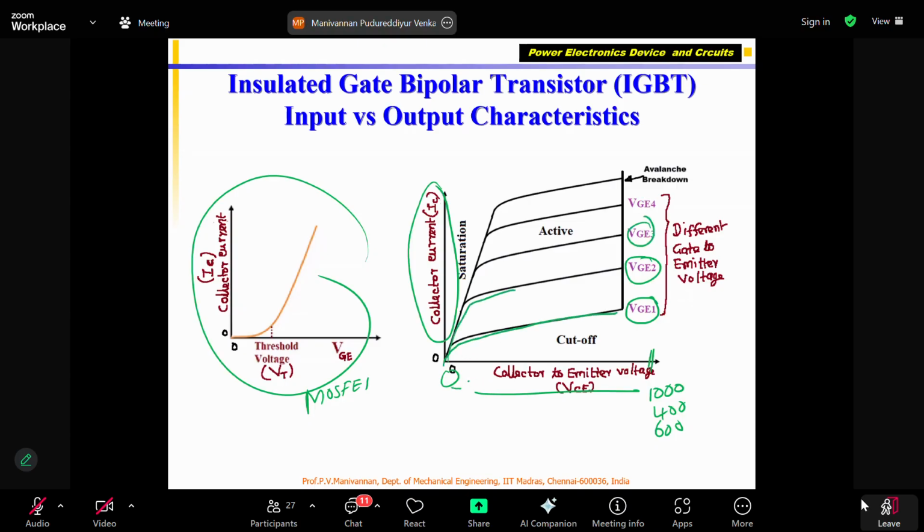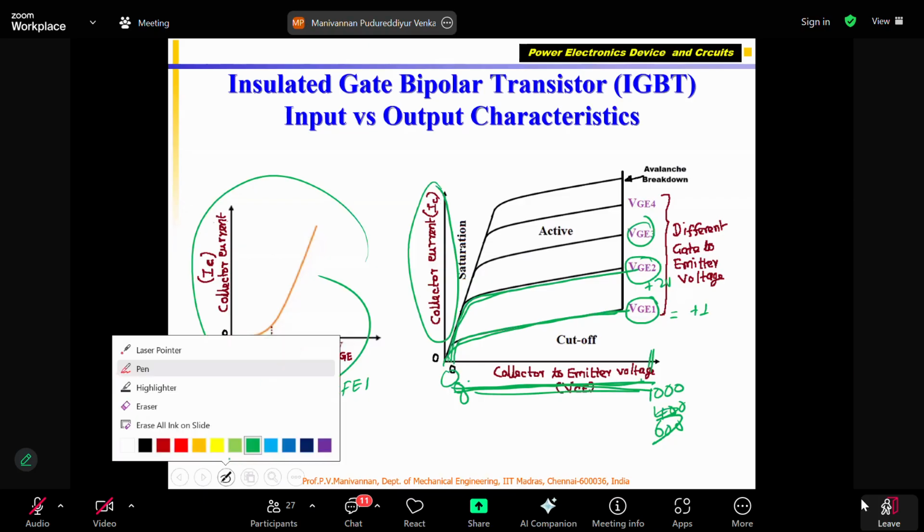When VCE varies from 0 to 1000 volts for a given VGE of, for example, plus 1 volt, my current will go like this. Instead, if VGE, the base voltage, is plus 2 volts, I'm keeping it constant and varying VCE from 0 to 1000 volts, my current will vary like this, right?